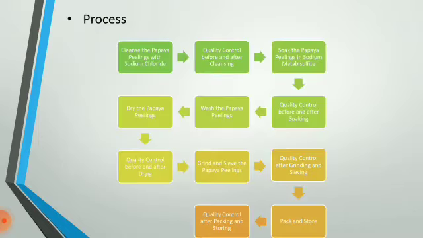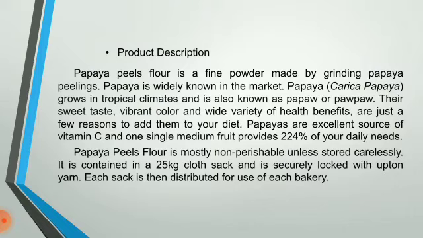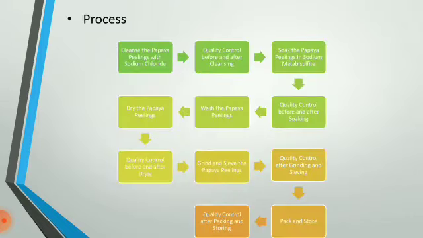Now, once you're done with the product description and the packaging, you'll now go to the process. Clearly state how your product was created. So going back to the flour, the company would start cleansing the papaya peelings with sodium chloride, then quality control before and after cleansing.